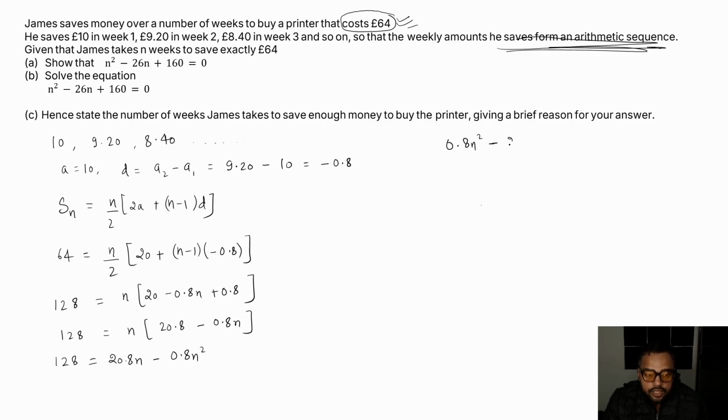Similarly, we take 20.8n to the left hand side, so the sign changes again, and it will be minus 20.8n plus 128 equals 0.